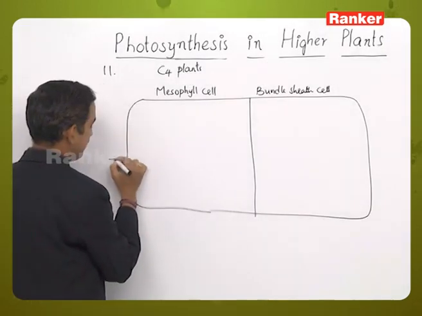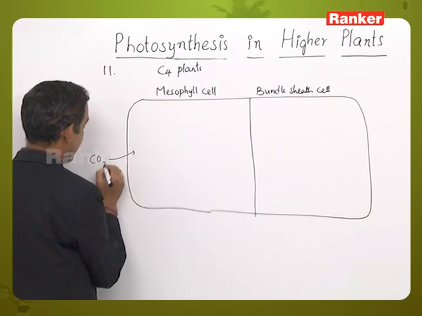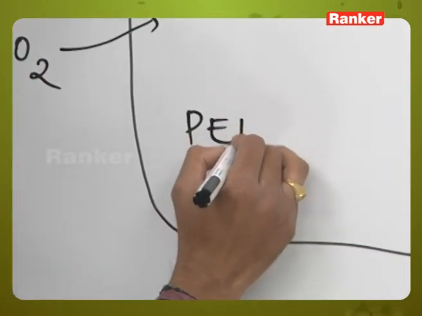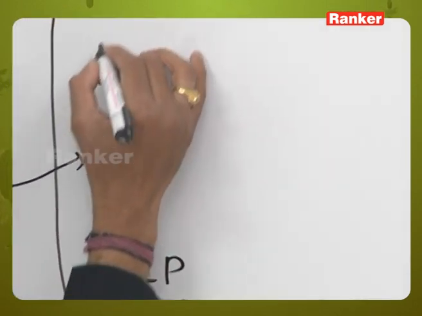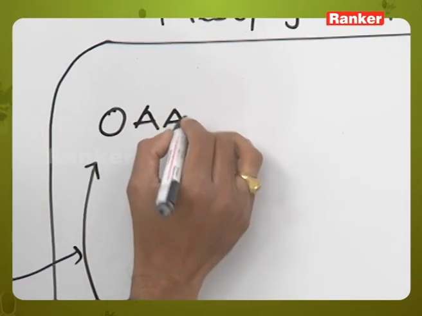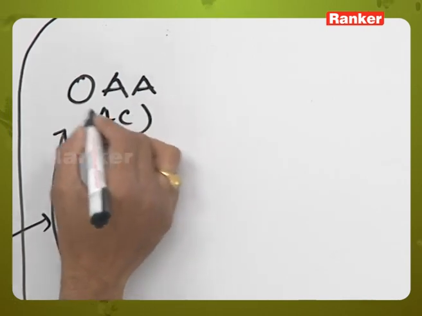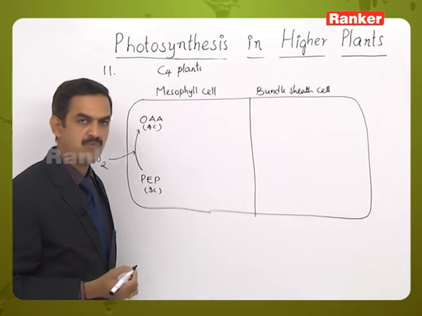Here the primary acceptor of carbon dioxide is phosphoenol pyruvate, a 3 carbon compound, that is PEP, and that will be converted into a 4 carbon compound called oxaloacetic acid, which is the first stable compound in C4 plants.